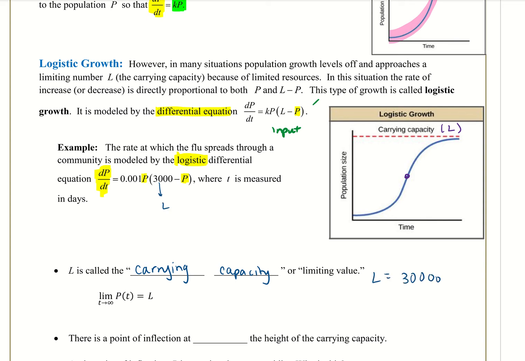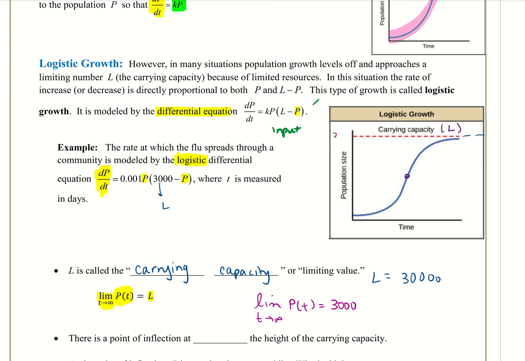Now, something that's interesting is this acts like a horizontal asymptote. If we are looking at the limit as time approaches infinity of the function P, which we don't even know the equation for, that will always equal whatever L is. So for this particular instance of the flu, the limit as time approaches infinity of the population of people who are getting the flu is going to be 3,000 because that is the limiting capacity.